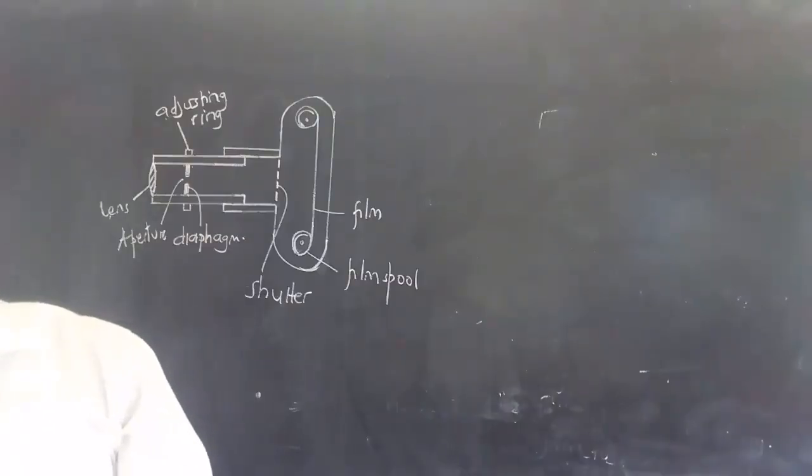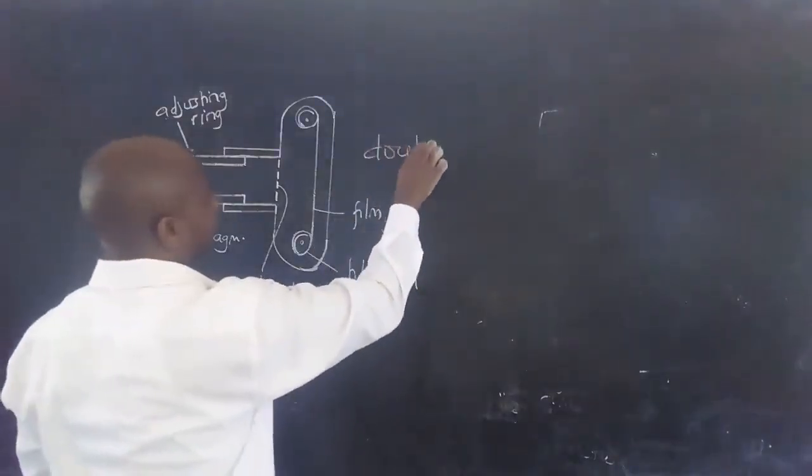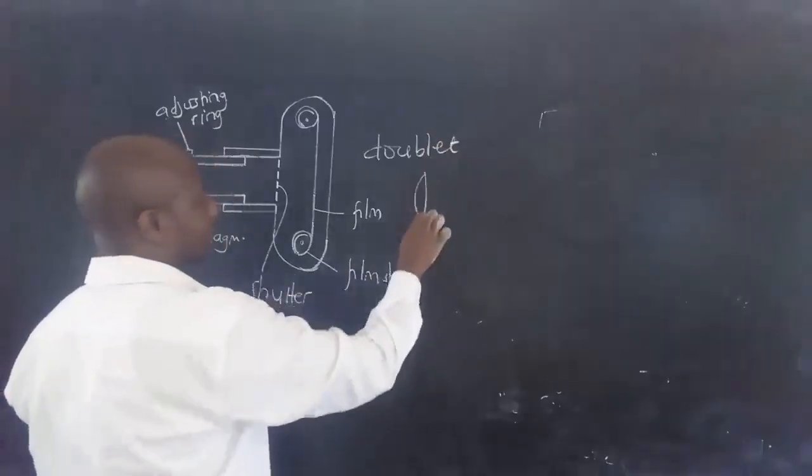And B, chromatic aberration in the photographic camera is minimized by use of a combination of two lenses, one convex and the other concave, to form an achromatic doublet.